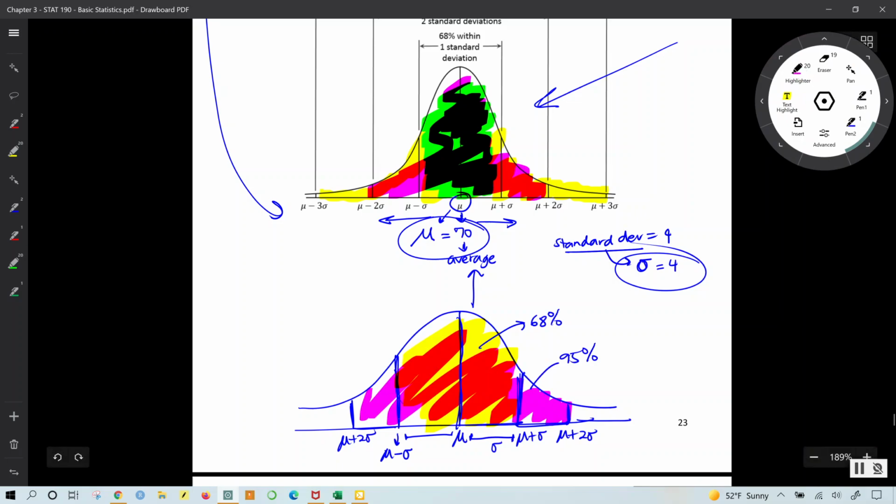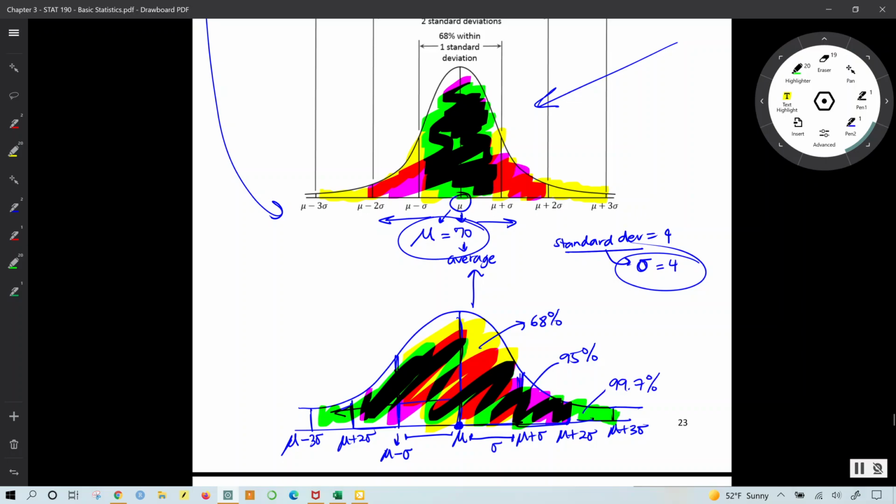Then, if I decide, however, to take 3 standard deviations above to the right of the mean and 3 standard deviations below or to the left of the mean, the range or the values we have in that range is equal to 99.7% approximately. This is what the empirical rule means.